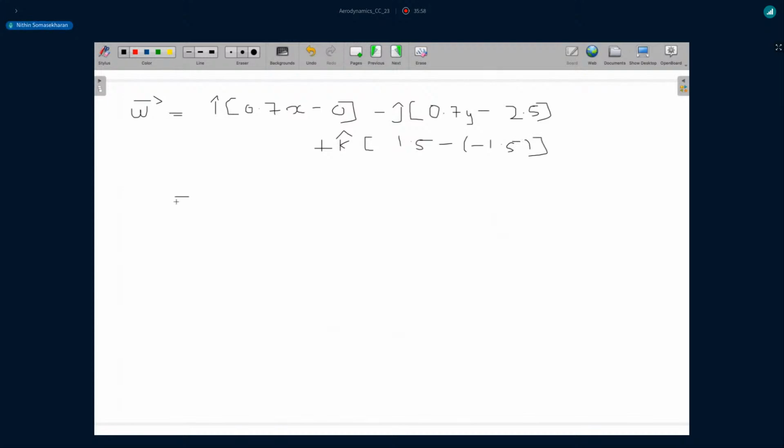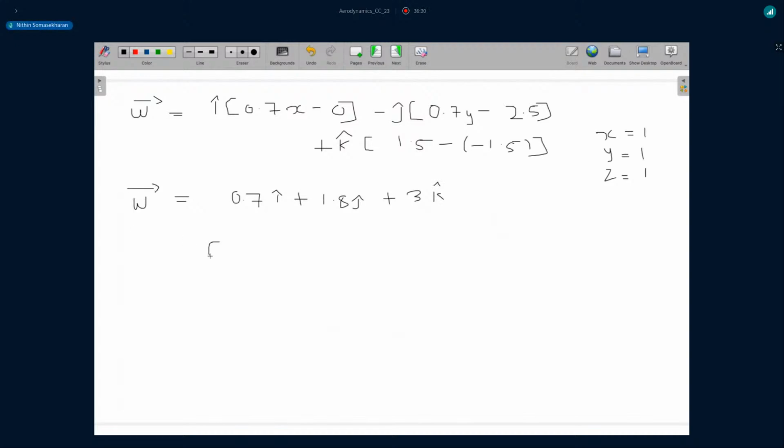So you do this, and you need the vorticity at x equals 1, y equals 1, and z equals 1. So you substitute all those coordinates here, and finally you'll get your omega as 0.7 i, 1.8 j, and plus 3 k. Okay. This is the omega.